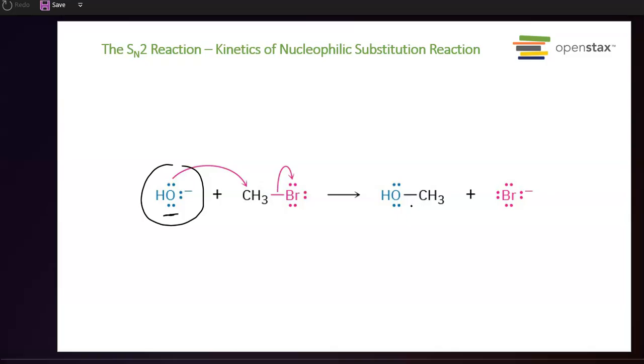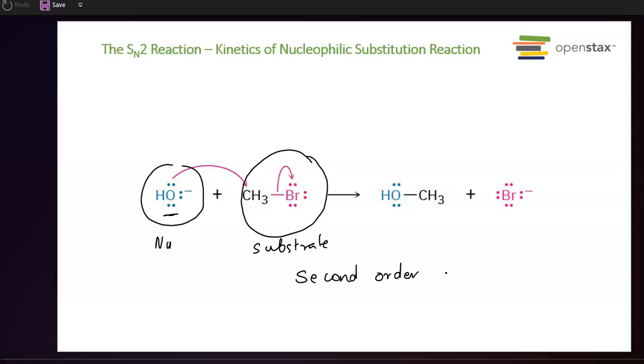Similarly, this is my nucleophile and this is my substrate, and if you double the concentration of the substrate, the rate of the reaction is also doubled, which tells us that this particular reaction follows second order kinetics.